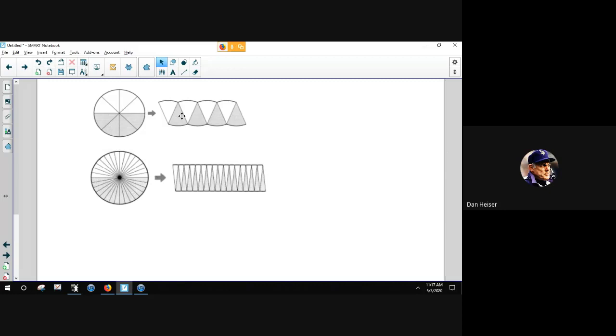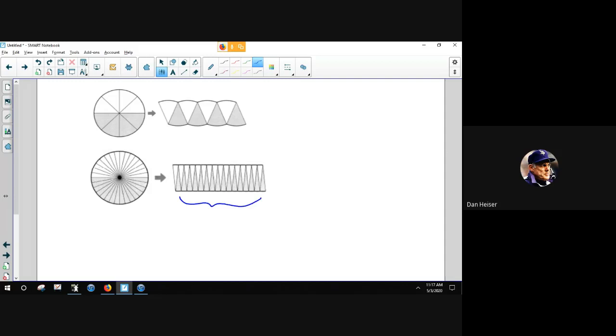And this is sort of the process that was used to come up with the area of a circle. By making the pieces ever smaller, this gets straighter and straighter. It will never be perfectly straight, but it will get very, very close to it.